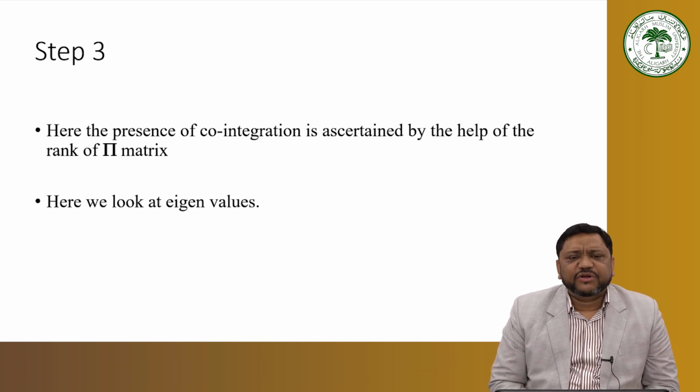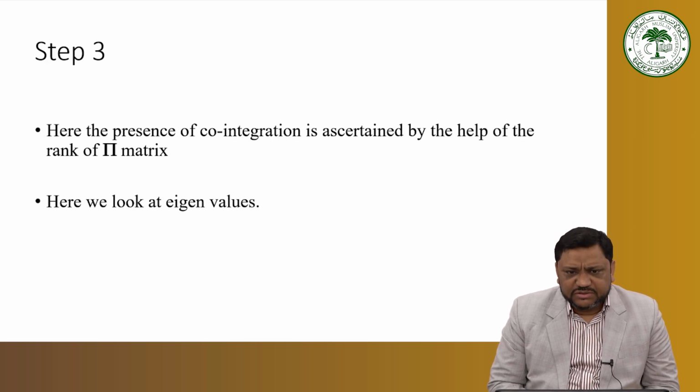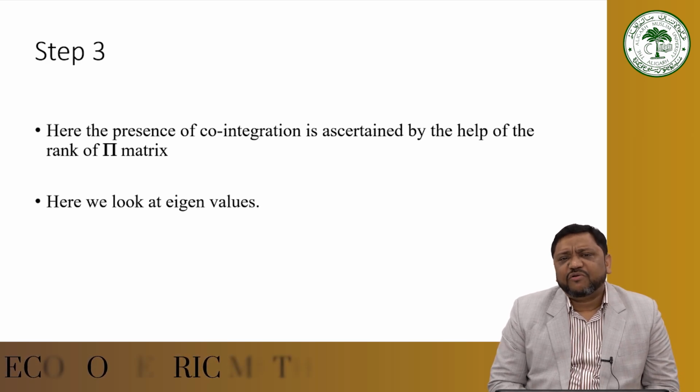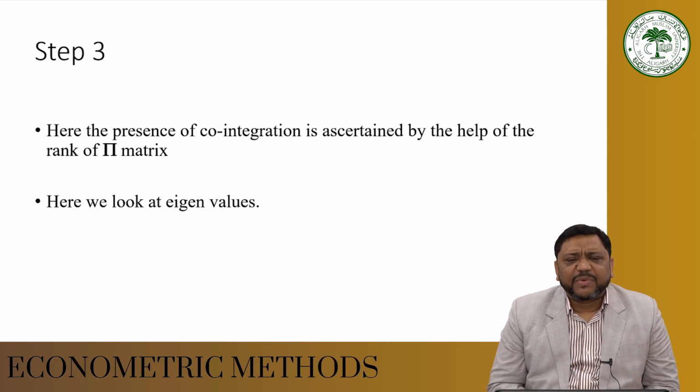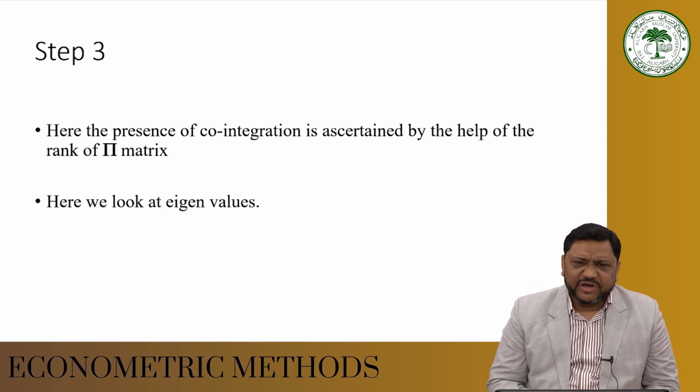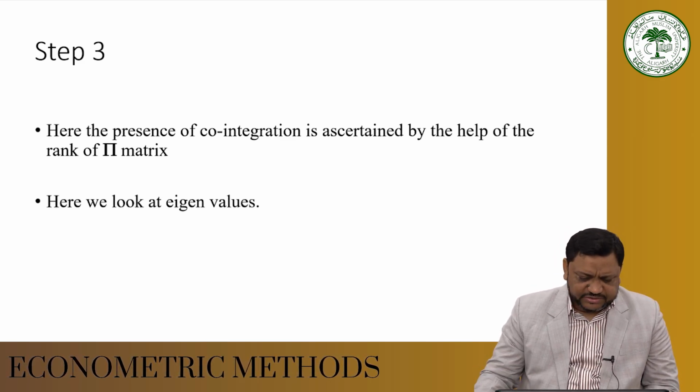Here the presence of cointegration is ascertained with the help of the rank of a matrix. See, the Johansen test uses this pi matrix in the vector error correction model specification. This matrix is also called the long-run coefficient matrix, and basically the testing of the cointegration among the y's is done by looking at the rank of this pi matrix through their eigenvalues or the trace statistics.